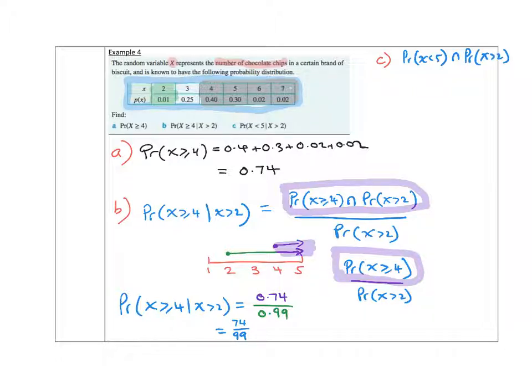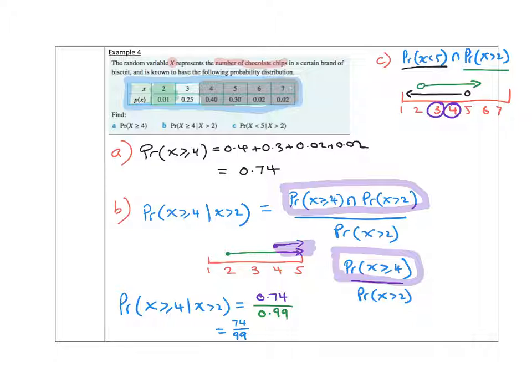If we model that on a number line again to help us visualize it, 1, 2, 3, 4, 5, 6, 7 ongoing. Less than 5, well, that very first thing here would look like this. Greater than 2, well, greater than 2 in a different colour would look like this. And so what is in between? Well, the only in between is 3 and 4.